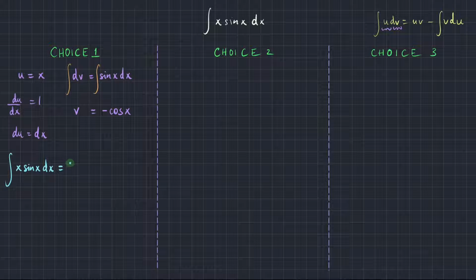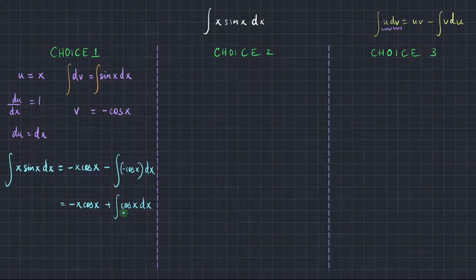Multiplying u and v, we get negative x cosine x minus, v is negative cosine x and du is simply dx, so we have negative cosine x dx. Simplifying this integral a bit, we have negative x cosine x plus the integral of cosine x dx.